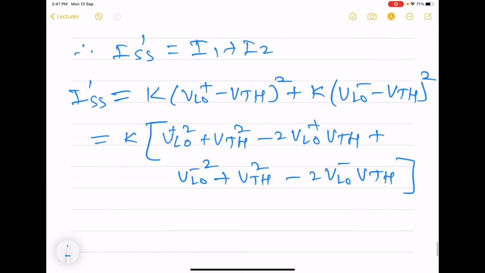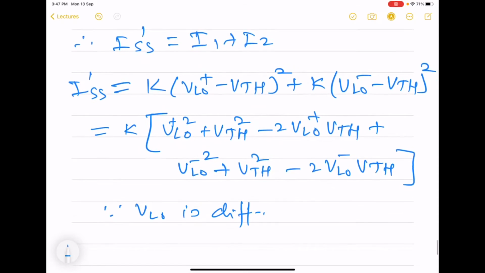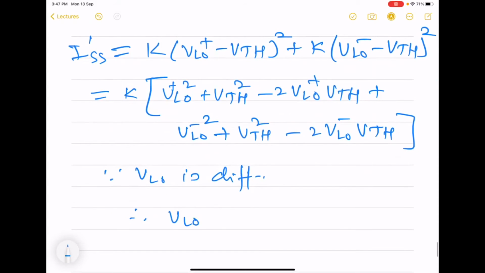So this is the complete expansion. Since VLO is differential, VLO plus is equal to minus VLO minus, and of course equal to VLO by 2.